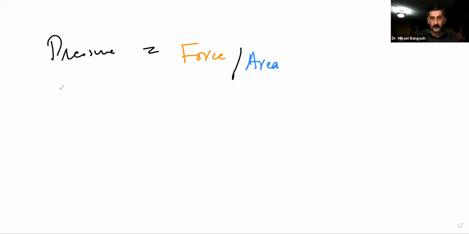Say our force was 10 newtons and an area of 5 centimeters squared. What does our pressure become in this case? This would be our initial pressure. That's going to be 10 divided by 5, which is 2 newtons per centimeter squared.